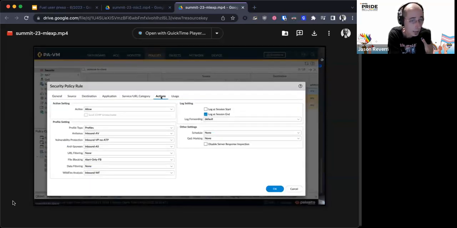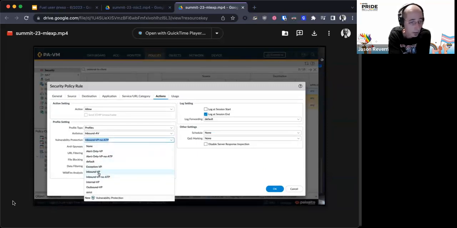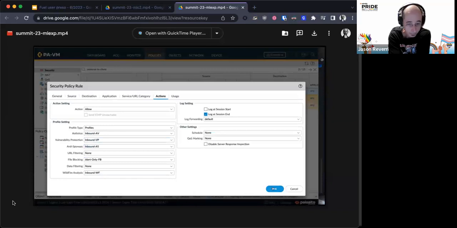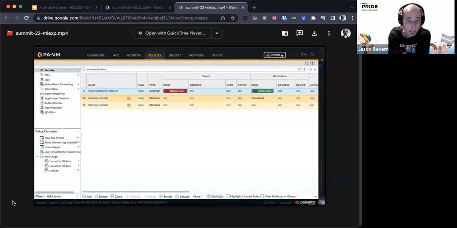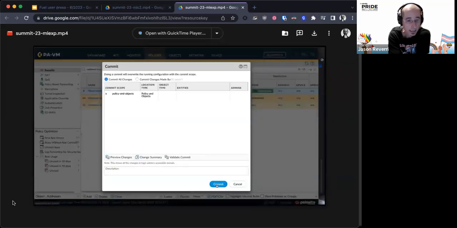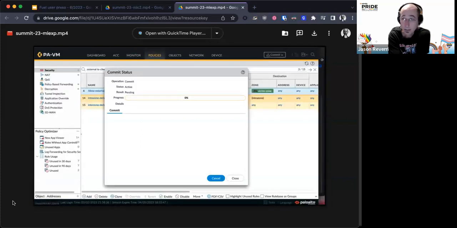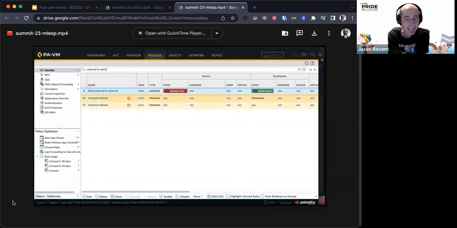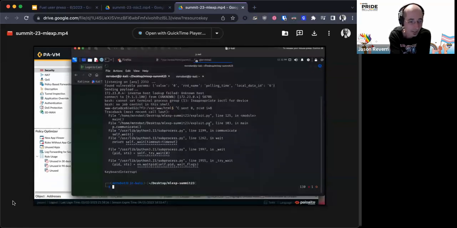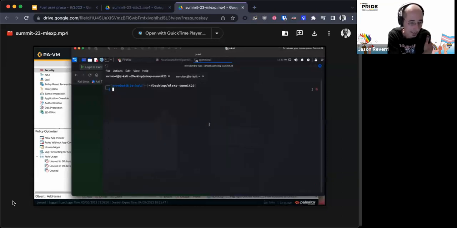Let's go ahead and switch up that profile now to include our inline cloud analysis engine. And a little movie magic to get that commit to go through quickly in the interest of time. And now let's go ahead and execute that super leet shell command again.